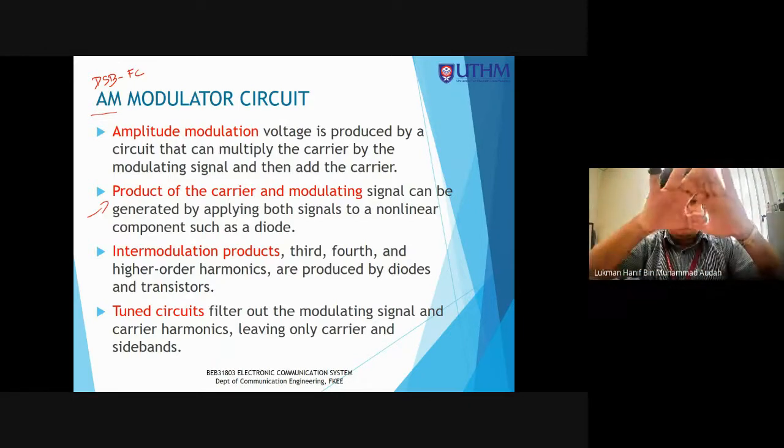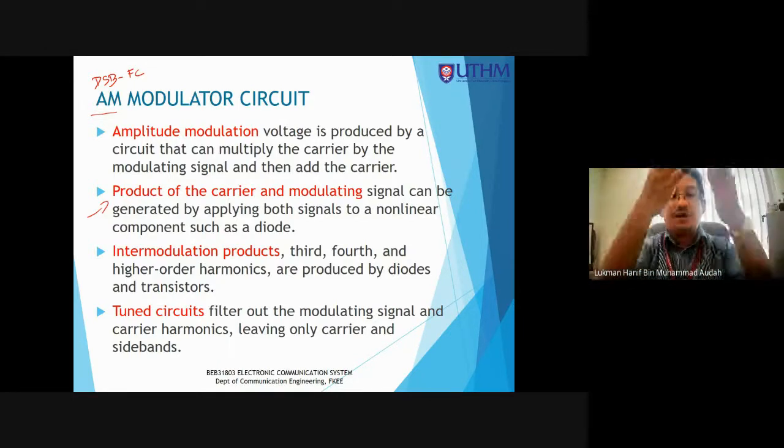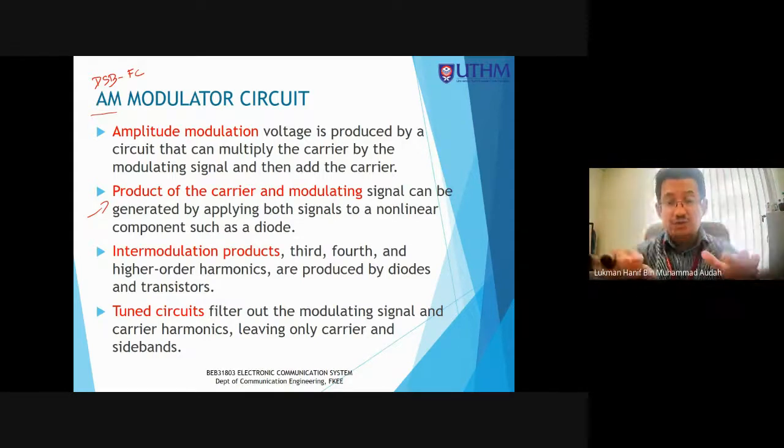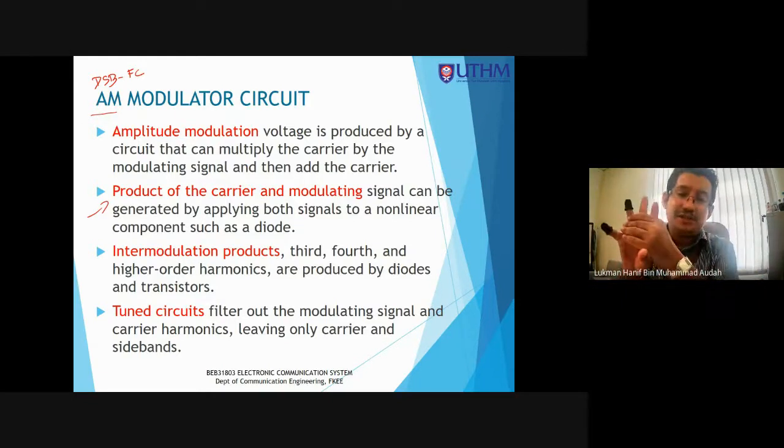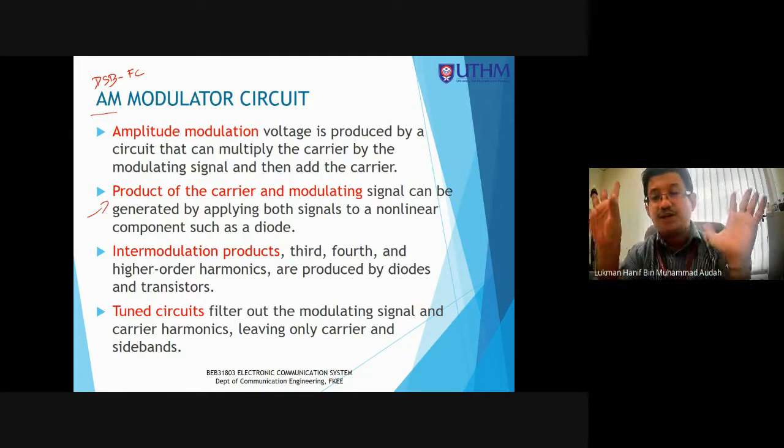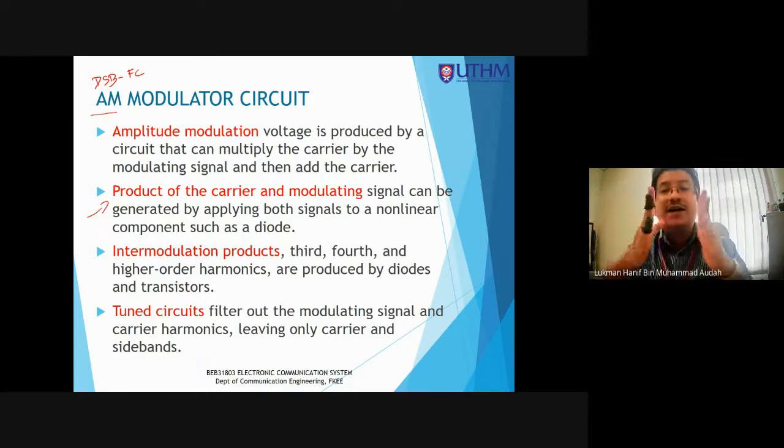Okay, it can be reduced or removed using the filter. Okay, proses modulation ini bukan hanya menghasilkan tiga komponen macam tadi. In reality dia sebenarnya ada harmonics. Tapi tadi sebelum ini kita fokus pada hasilnya sahaja, whereas pada hakikatnya dia ada harmonics. Dan ini dipanggil sebagai intermodulation products. Dia ada cross product. Okay, cross product.